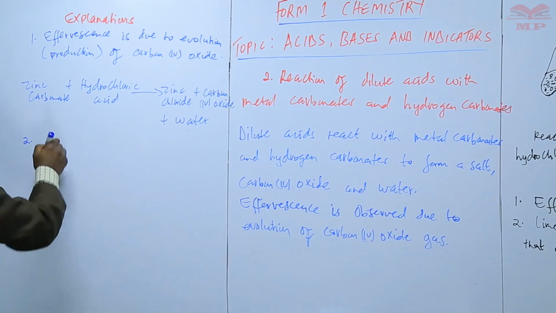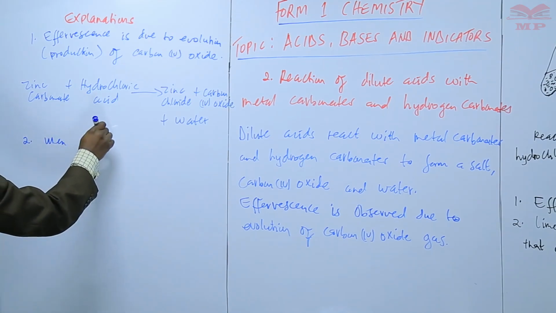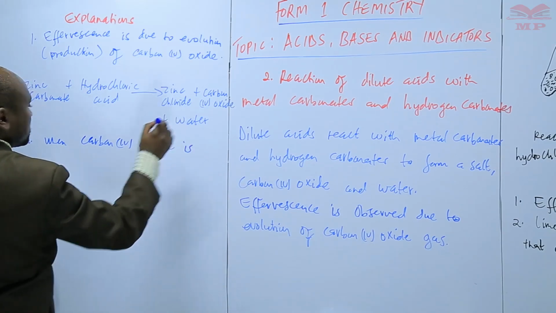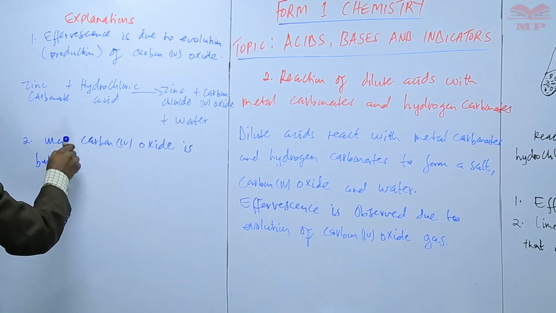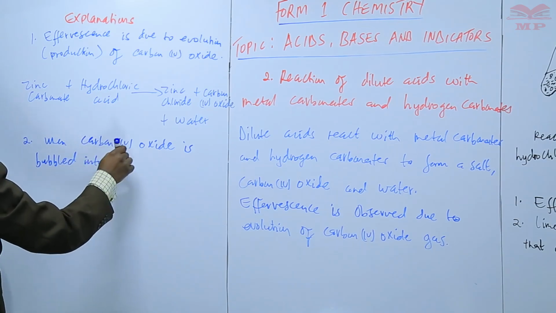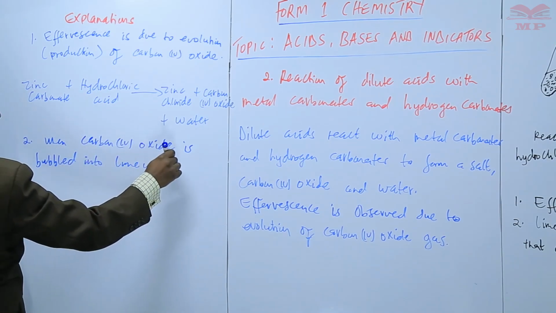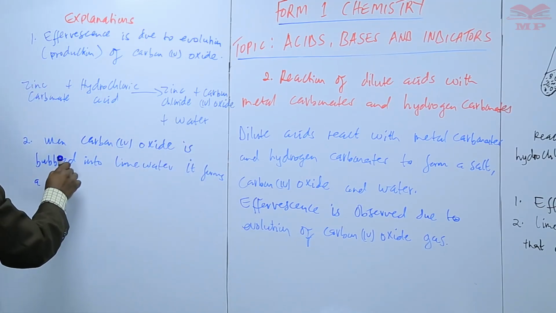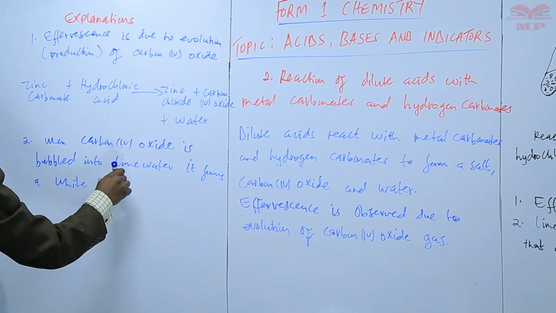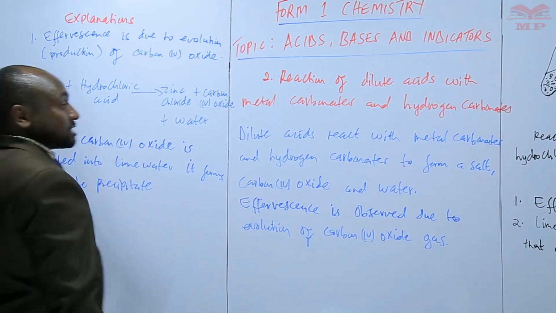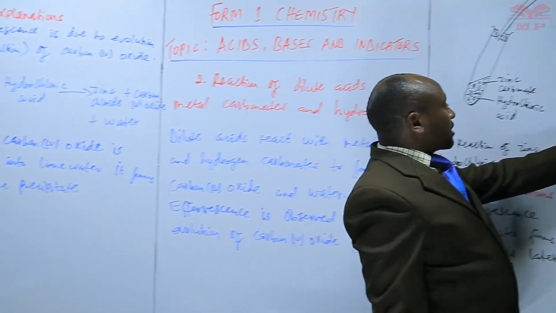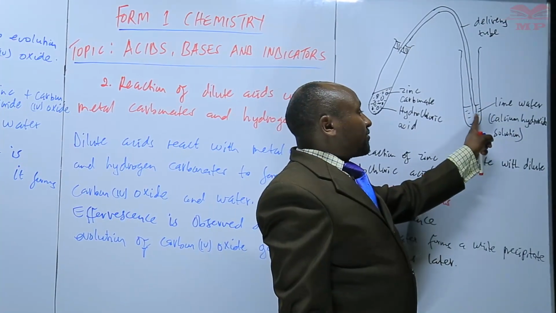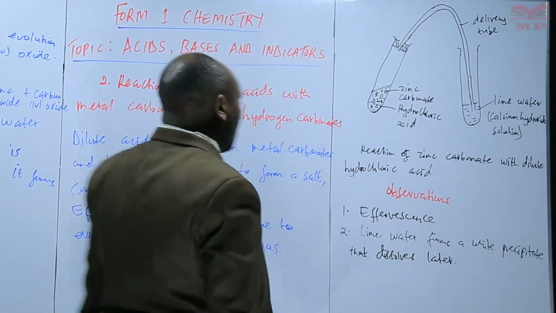Explanation number 2 is that when carbon 4 oxide is bubbled into lime water, it forms a white precipitate. So the white precipitate will be observed here in the second. Lime water is clear, but after some time it forms a white cloudy precipitate.